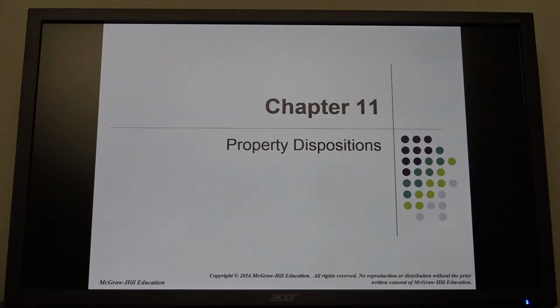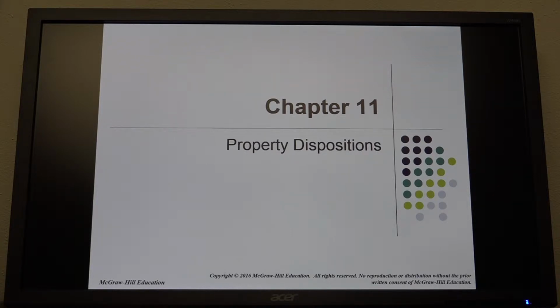Of course, if it's personal use property, it only pertains to capital assets. But I'm talking more business and rental and investment type property, some of which are certainly capital assets as well, dispositions.